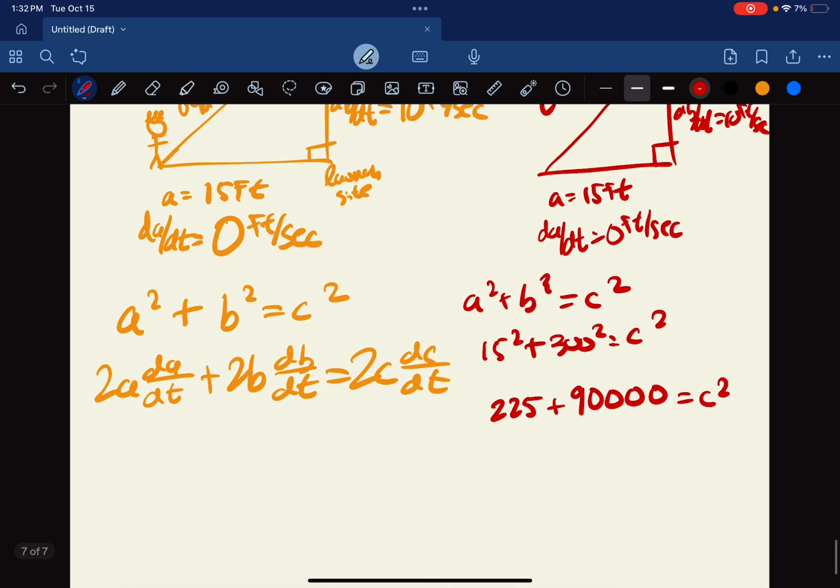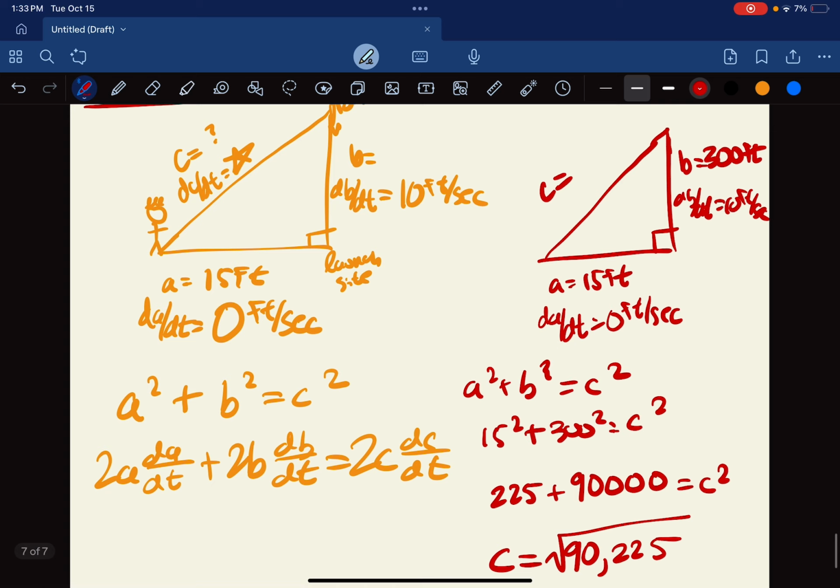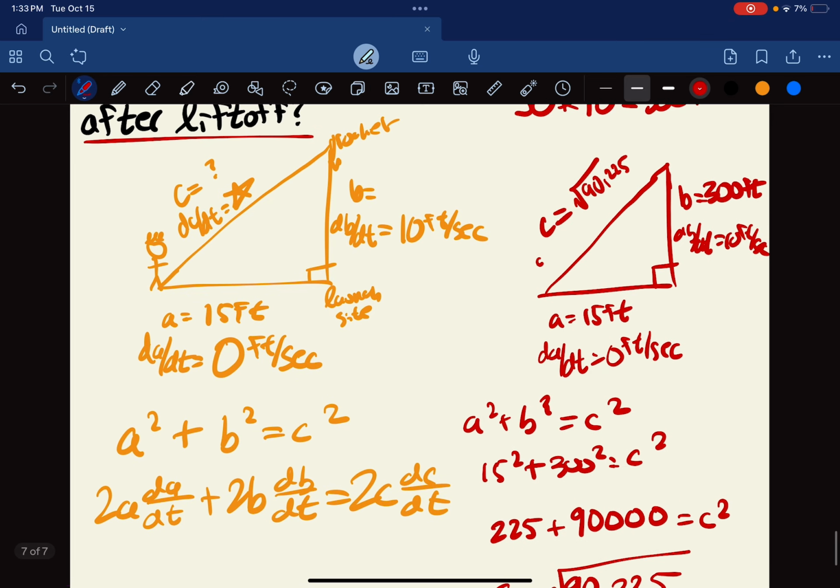So C equals the square root of 90,225. On a quiz you'd be given something you could more easily work with, I would imagine. And we're still looking for dc dt, right? We don't know that yet, but that's okay because that's what we're trying to find.